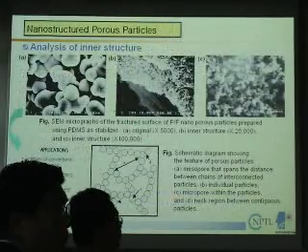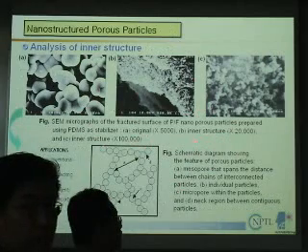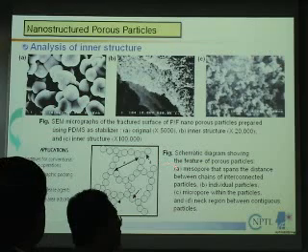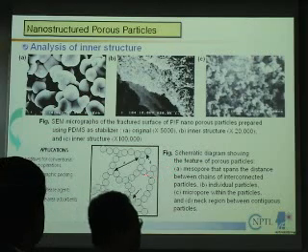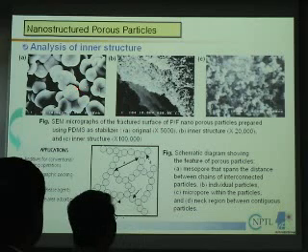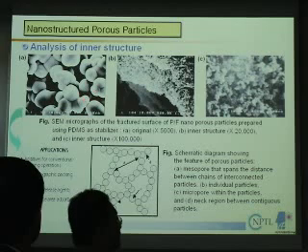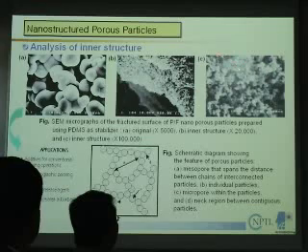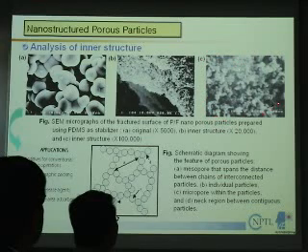This is a better TEM picture of the micron size. For the nano size, we don't have a very good picture at this moment. But for the micron size, yes, this is the same SEM picture, at 5,000, 20,000, and 100,000 magnification.